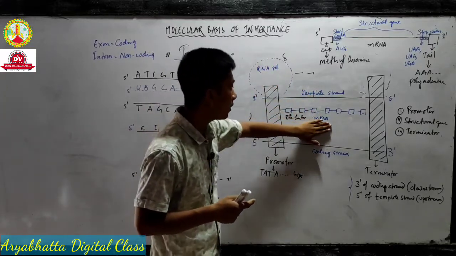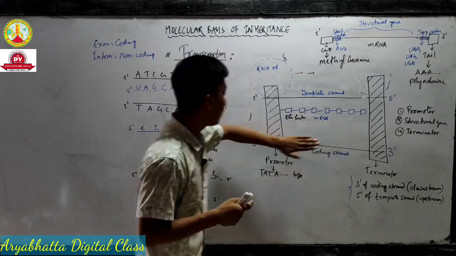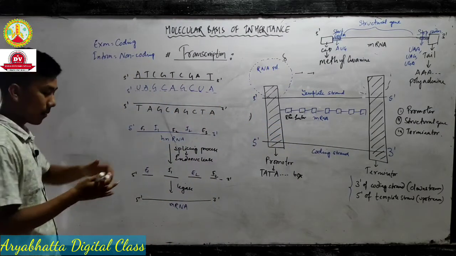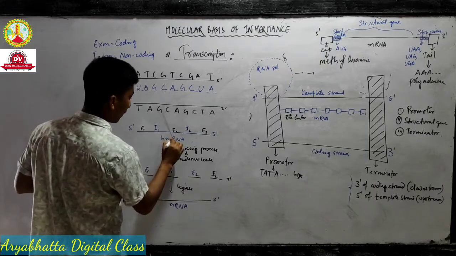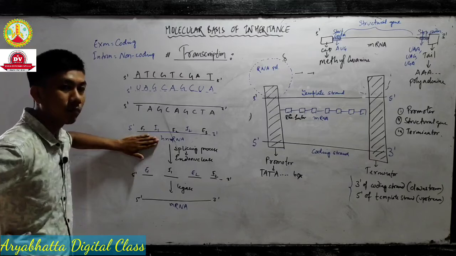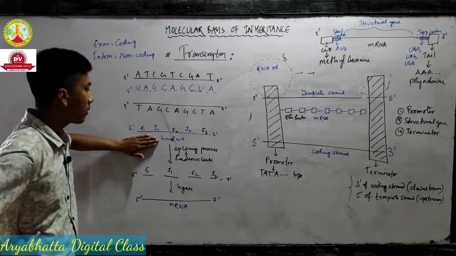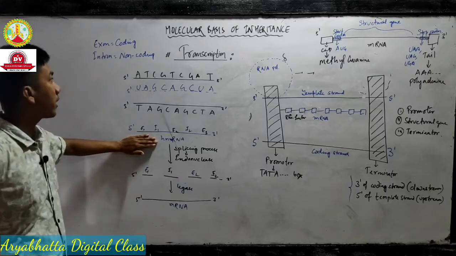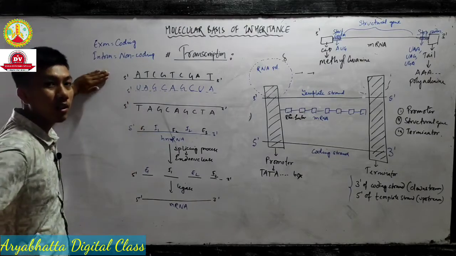Once the mRNA is synthesized, the first mRNA we call the heteronuclear mRNA. Let me write mRNA, otherwise you will get confused. This first synthesized mRNA strand contains some coding and non-coding parts. The coding part is known as exon, the non-coding part is known as intron.